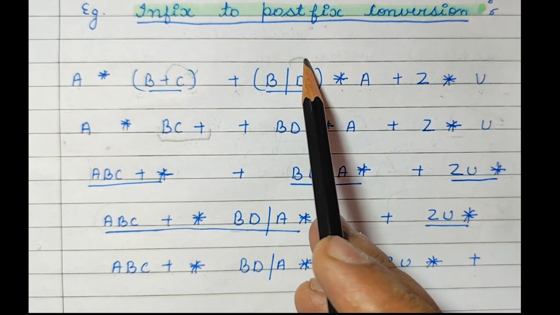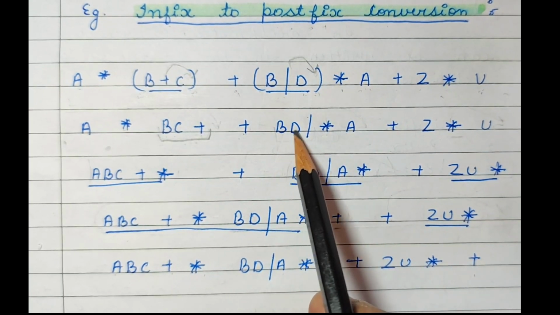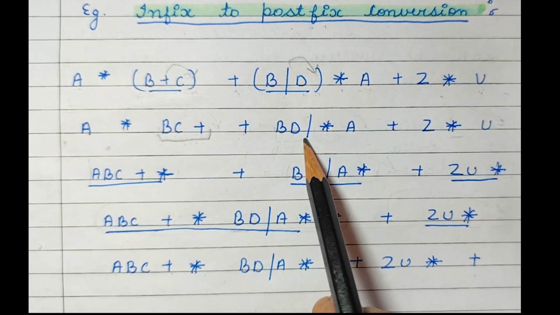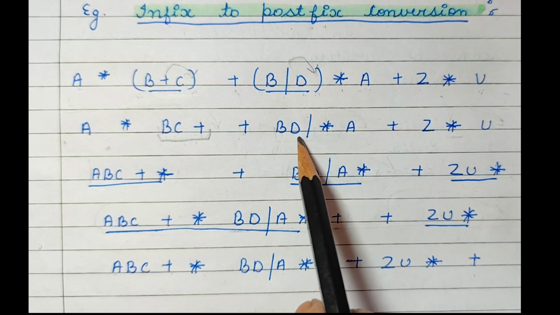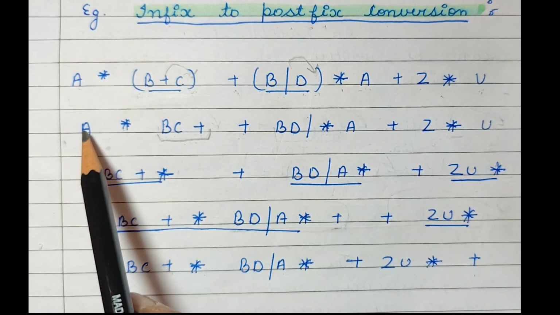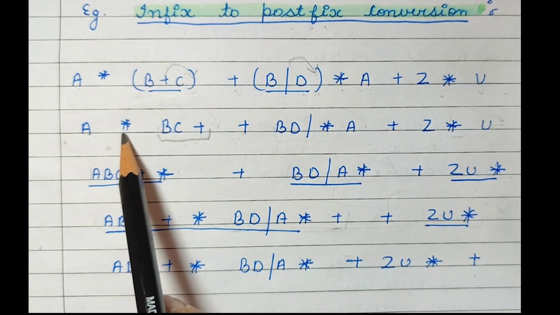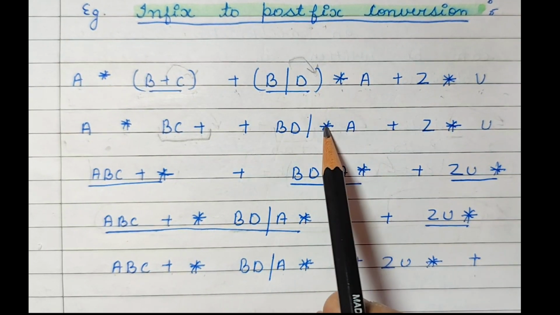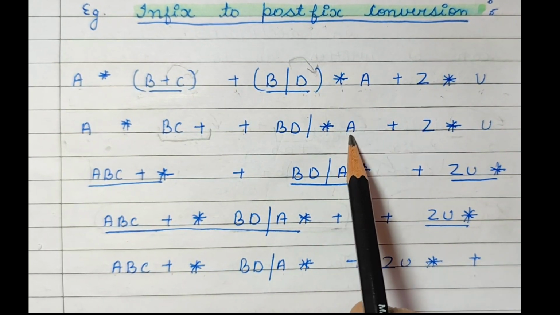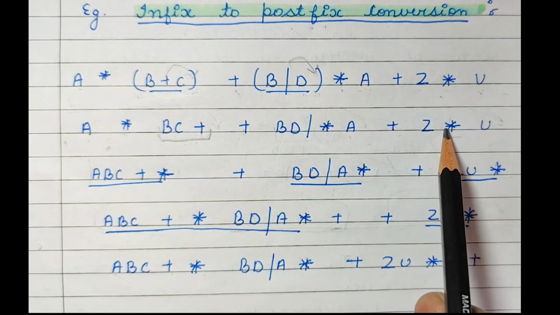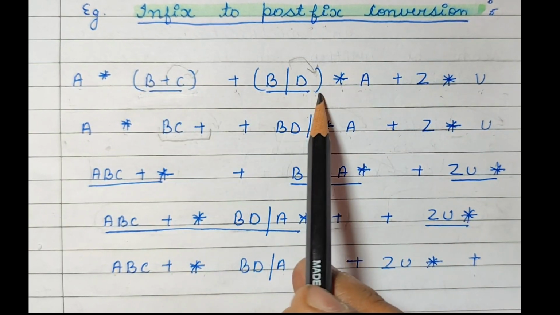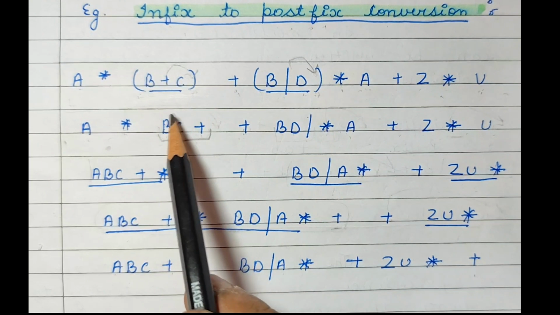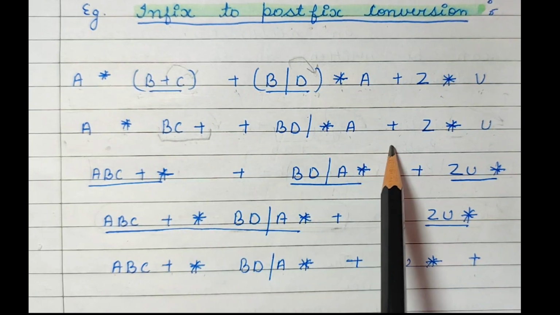So divide goes further. So it becomes BD division. Rest of the operands and operators we write as such. So a we write as such, multiply we write as such, plus we write as such, this multiply we write as such, a we write as such, plus z multiplied by u. So these two brackets are solved. When the brackets are solved, we remove the brackets.